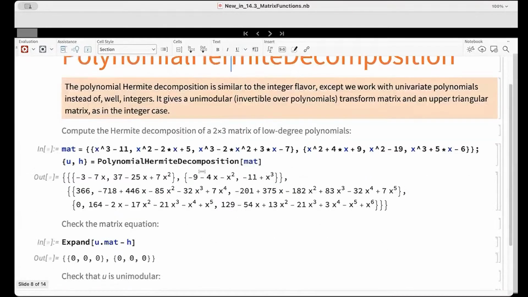And again, we give a conversion matrix U and the Hermite form itself, H. And you'll see from that Hermite form that it's got something very convenient in the first element, which is what we call a unit, in other words, a constant polynomial, and then below that a zero. So it's upper triangularized.